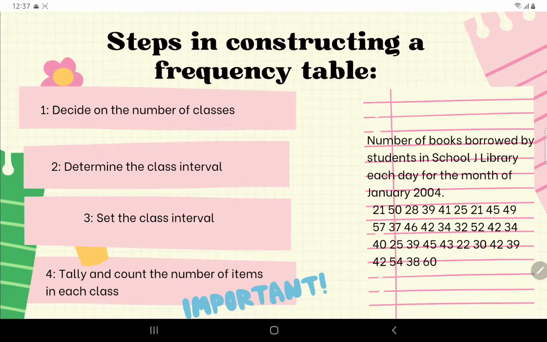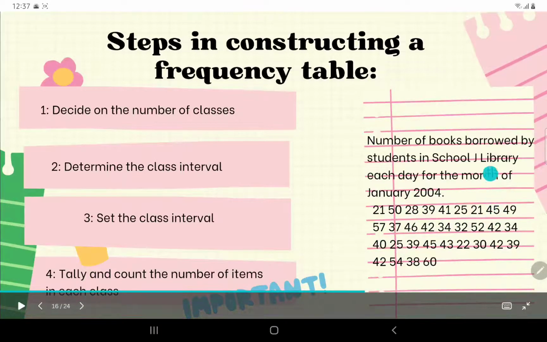First, you need to decide on the number of classes, then determine the class interval, then set the class limits, and the last step is to tally and count the number of items in each class. For example, this is the data for the number of books borrowed by students in the library each day for the month of January 2004. Okay, this is our data.